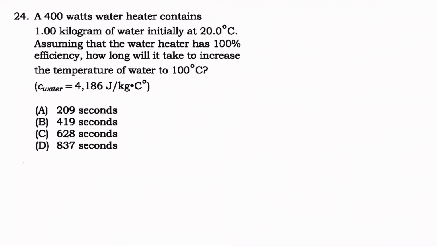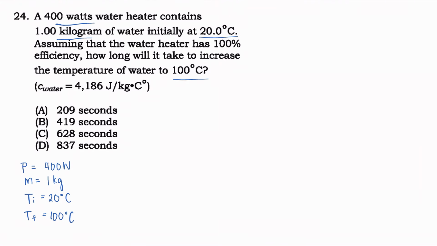Ilista muna natin yung given. Yung power is equal to 400 watts. Yung mass is equal to 1 kilogram. Initial temperature, 20 degrees Celsius. Tapos yung final temperature is 100 degrees Celsius.